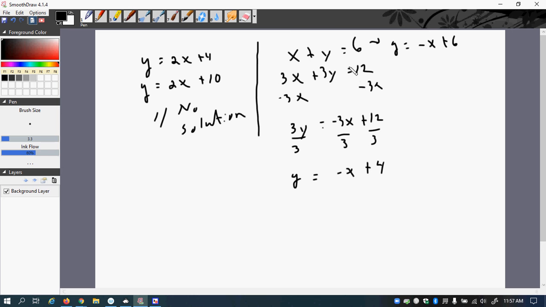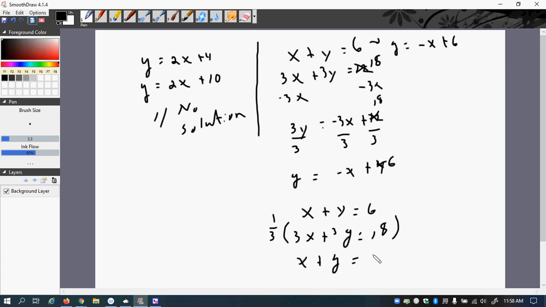So I wanted to do an example where it wouldn't do that. That 12 probably should have been not 12 but 18. So if this was 18, 18 divided by 3 would give me the 6. So these two lines, x plus y equal to 6 and 3x plus 3y equal to 18, are identical lines, because again I could take out the 3 to give me x plus y equal to 6.